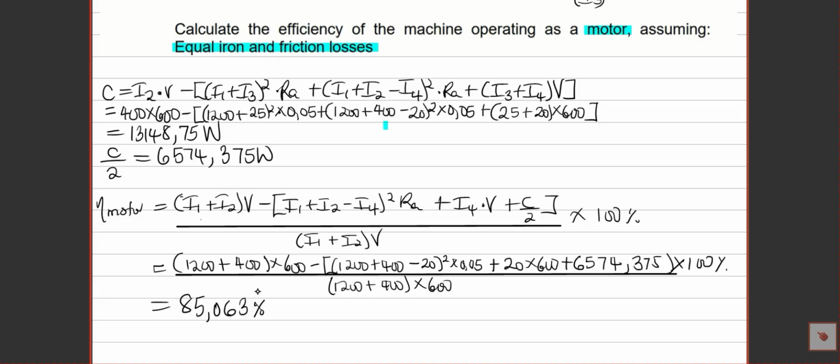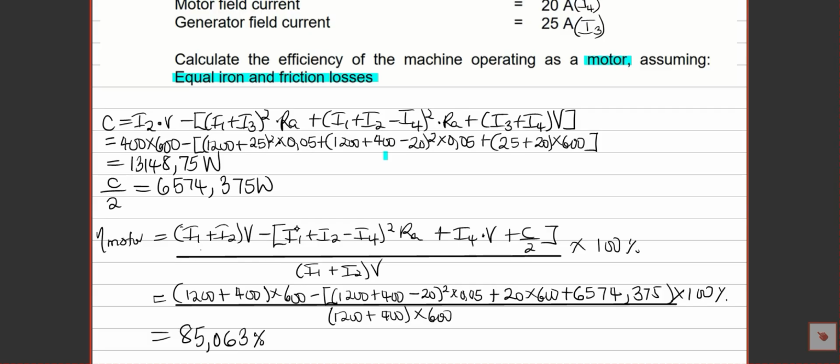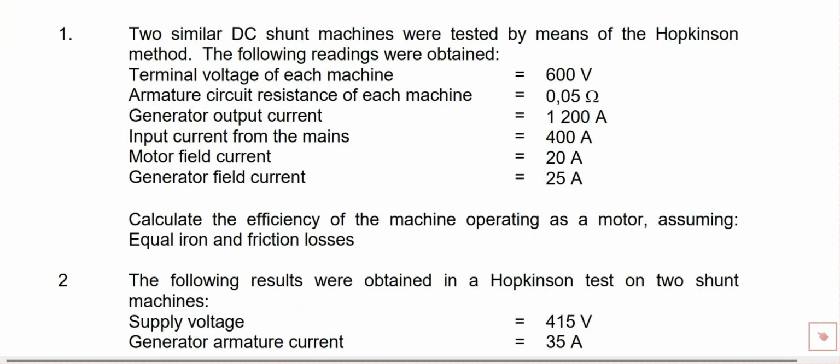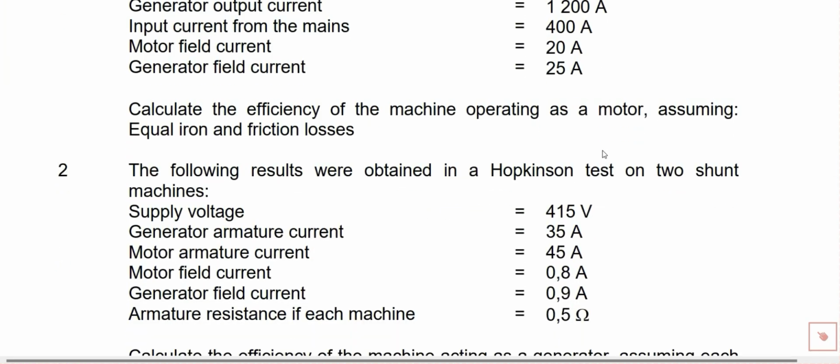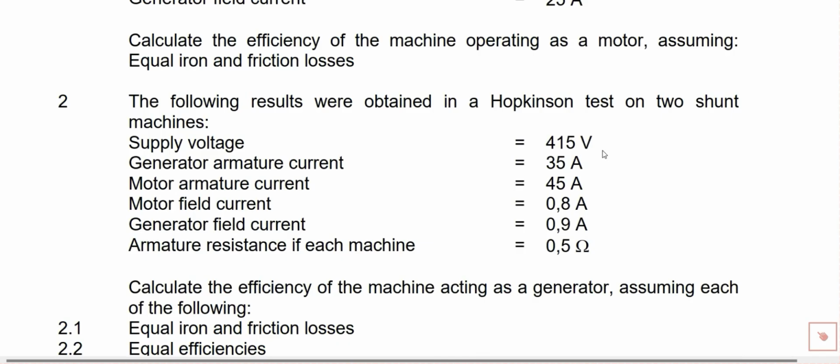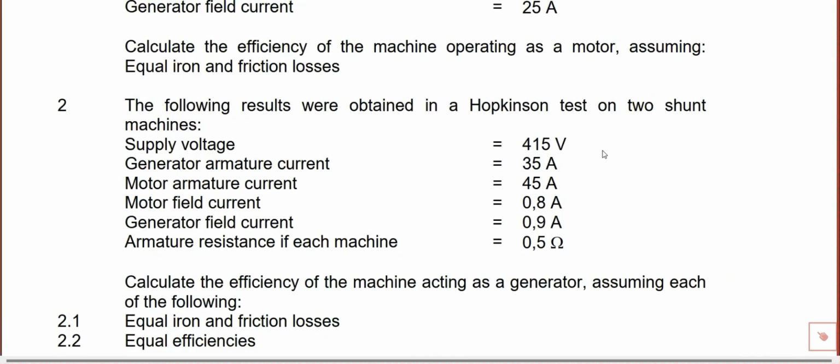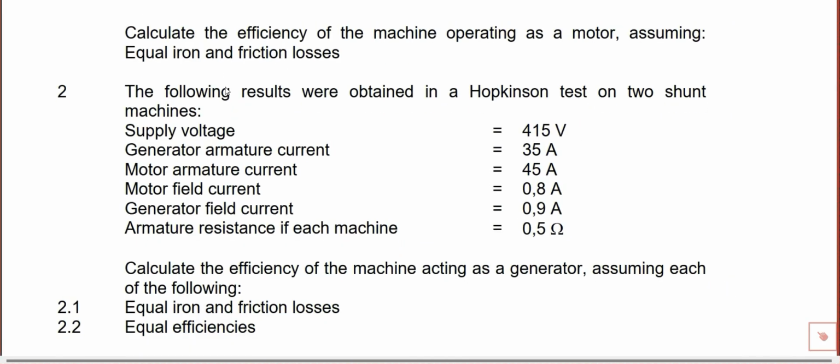So that's how you go about this specific question we were doing. I hope it makes sense. Maybe let's try do another calculation. Let's try do the second one. So as long as we know our symbols, we are safe. All right.